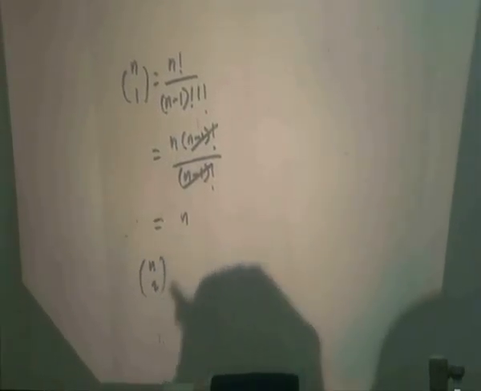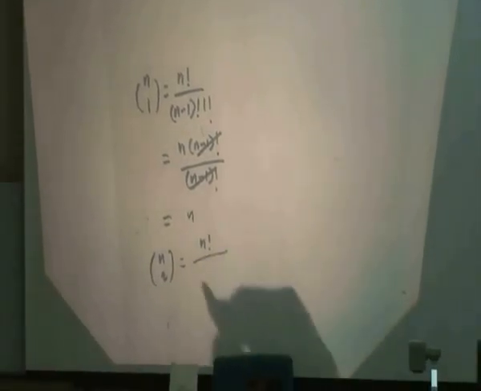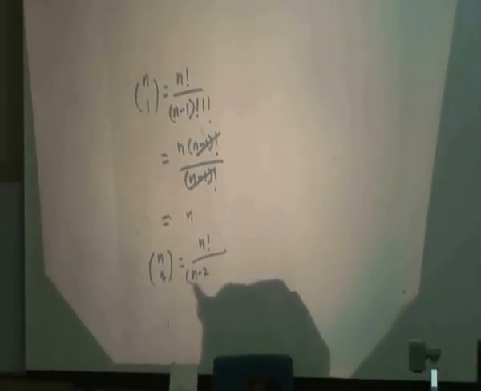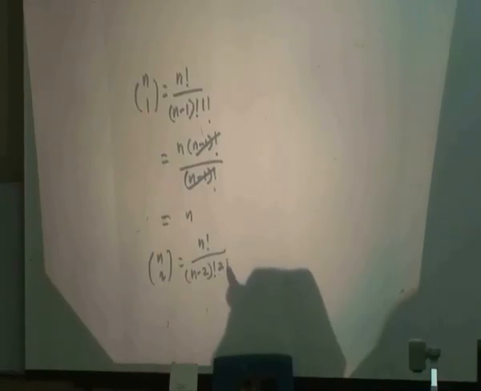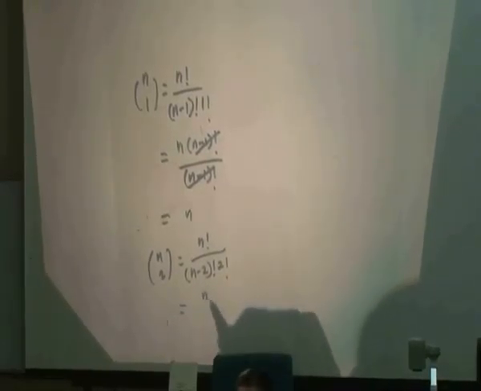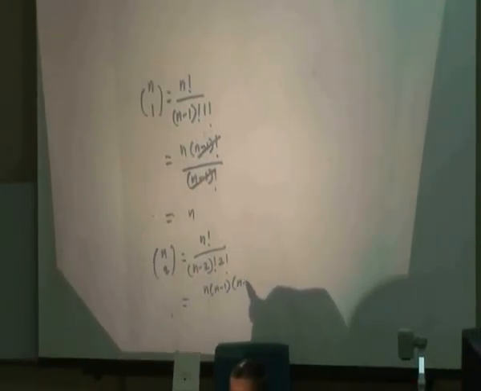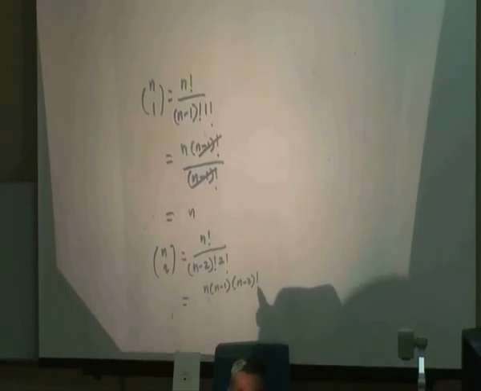For nC2, follow the same definition. So we have n factorial over n minus 2 factorial times 2 factorial. Hence, it can be simplified as n times n minus 1, then n minus 2 factorial. We stop here because we notice there's a factor n minus 2 factorial in the denominator.